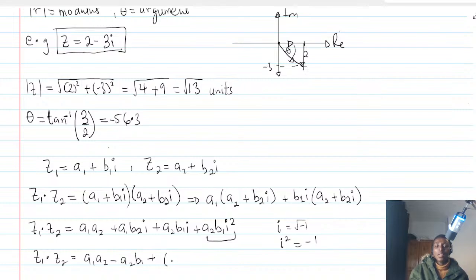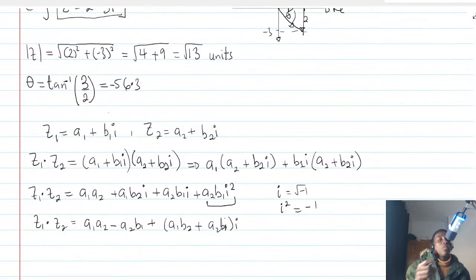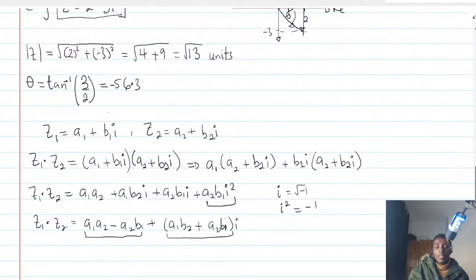So in other words, if you multiply two complex numbers, you end up with a complex number, so you get a real part and then an imaginary part.